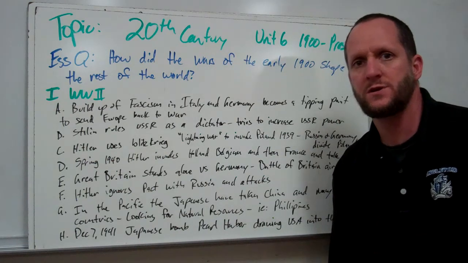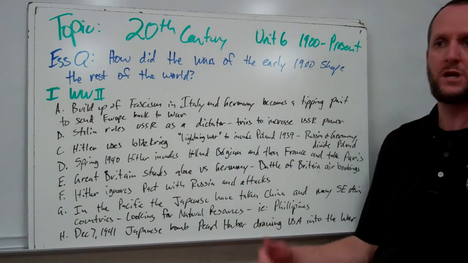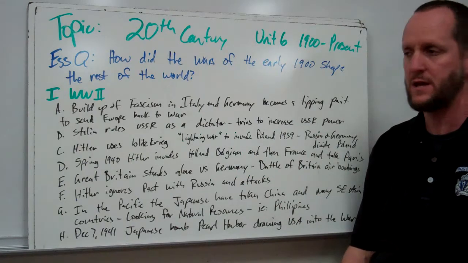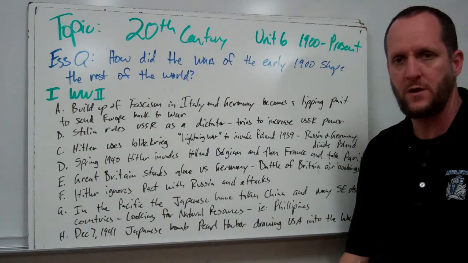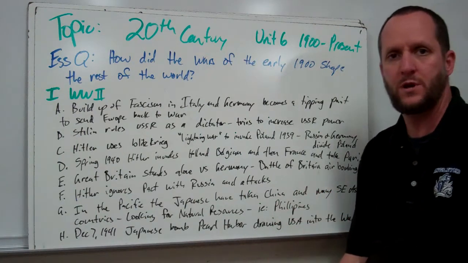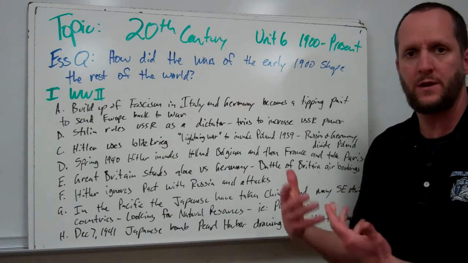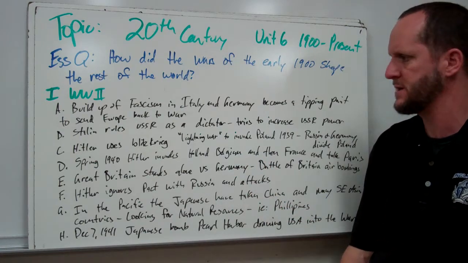It was Hitler's goal to bomb them into submission, and then they were going to invade the island and take over Great Britain. But during the Battle of Britain, the British held their ground against the Nazis.